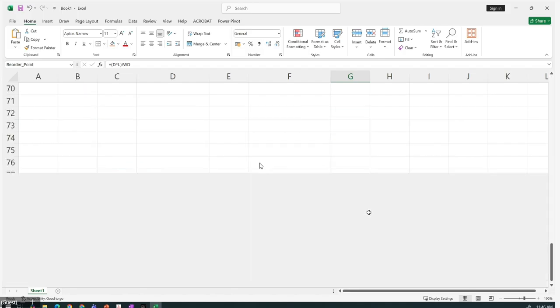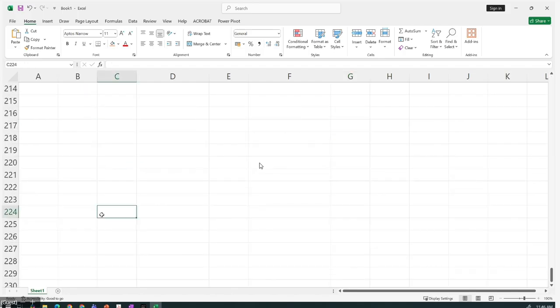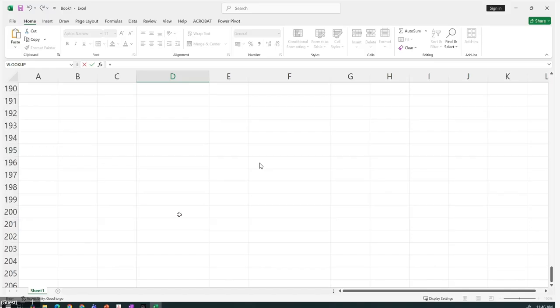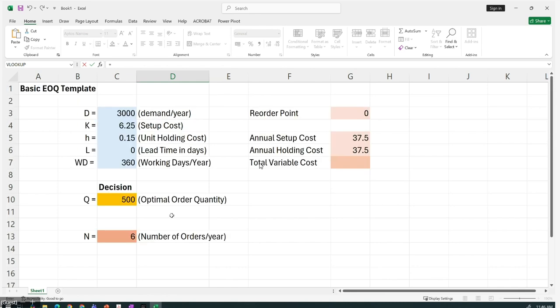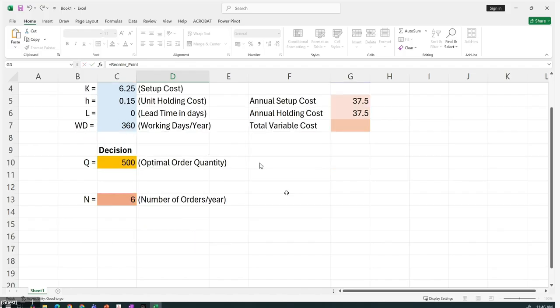Similarly, look at this. I am in my 200th row and I want to write a formula using reorder point. If you had to write a formula, what would you do? You would scroll all the way up and then choose this, right?